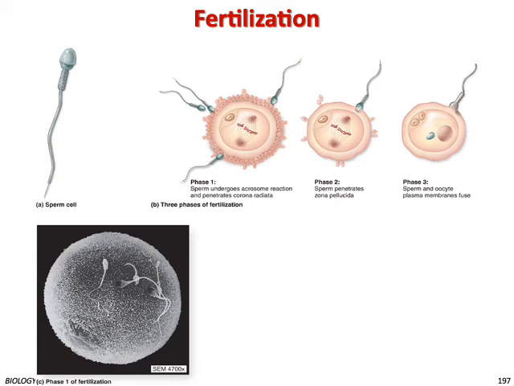In phase 1, the sperm undergoes the acrosome reaction and penetrates the corona radiata, the cells around the ova. In phase 2, the sperm penetrates the zona pellucida, the region around the ova. In phase 3, the sperm and oocyte plasma membranes fuse, and now the nucleus of the sperm is inside to fuse with the ova.